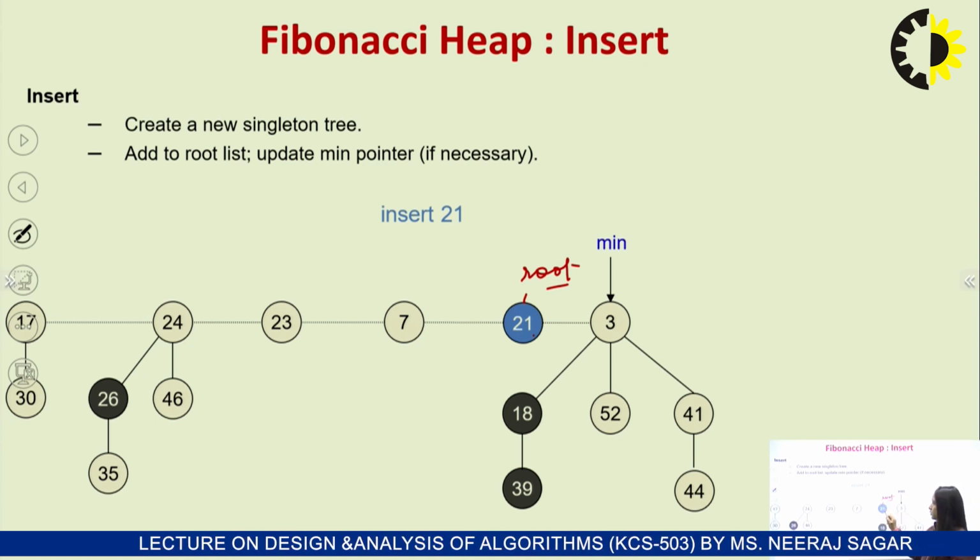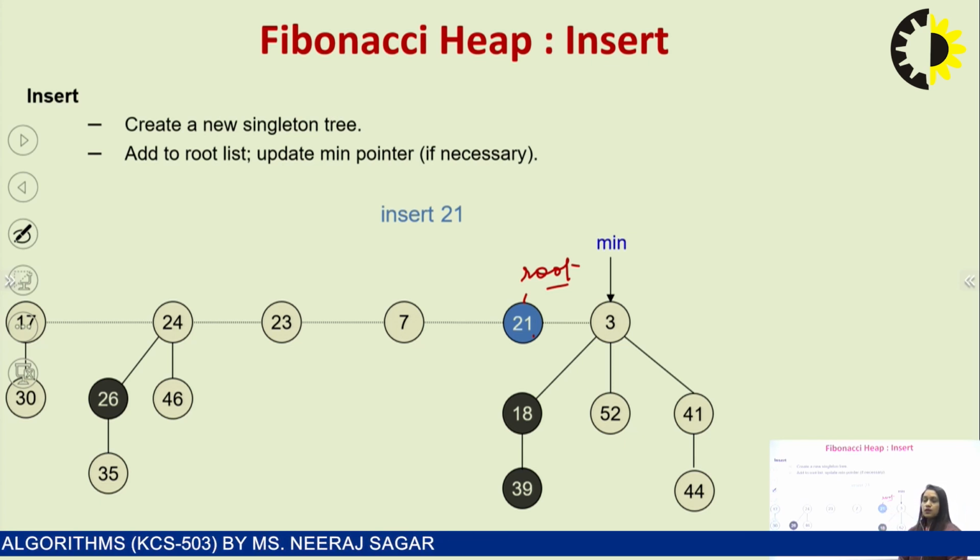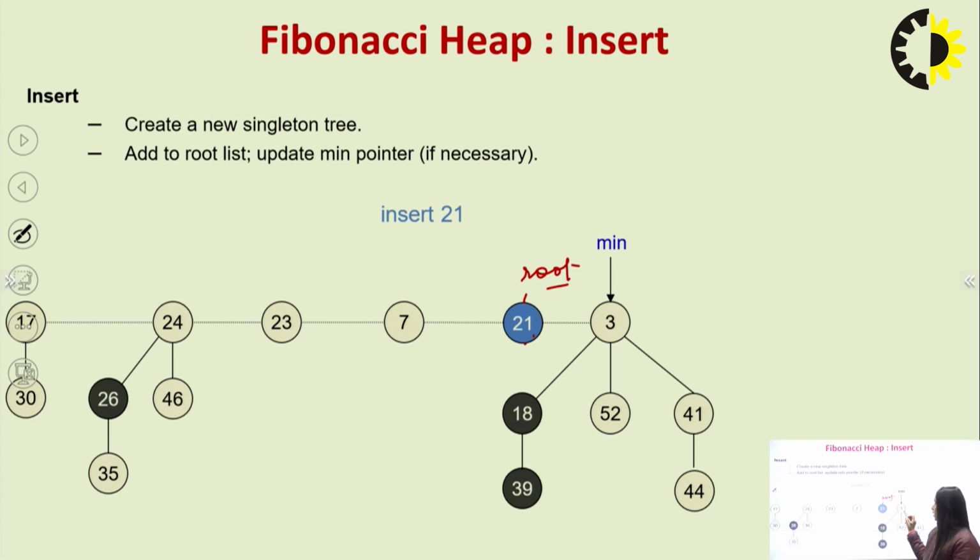I just insert 21 at the root. If this inserted node has the minimum value, then I mark it as the minimum. But as I can see, 3 is already much less than 21, so I don't need to update the minimum pointer.